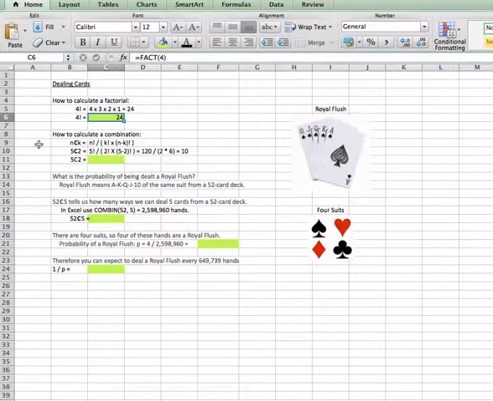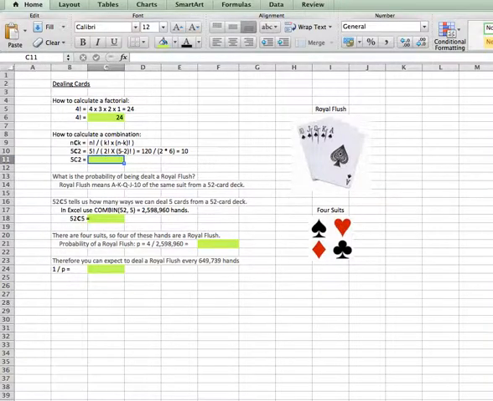Next, let's look at how to calculate a combination. Recall that the formula is that n choose k equals n factorial divided by k factorial times n minus k factorial. So as an example, let's look at 5 choose 2. Well, that equals 5 factorial divided by 2 factorial times 3 factorial, which is 120 divided by 2 times 6, and that equals 10.